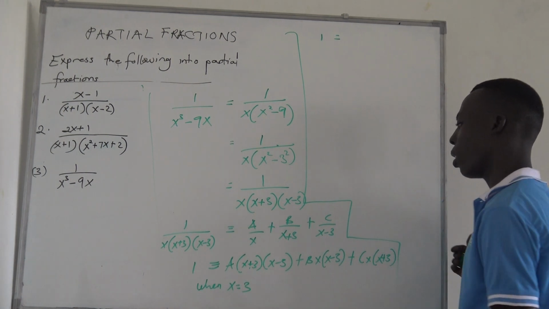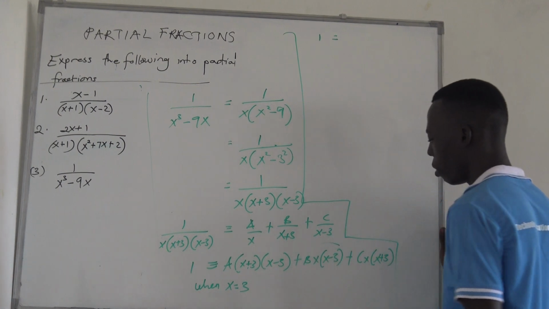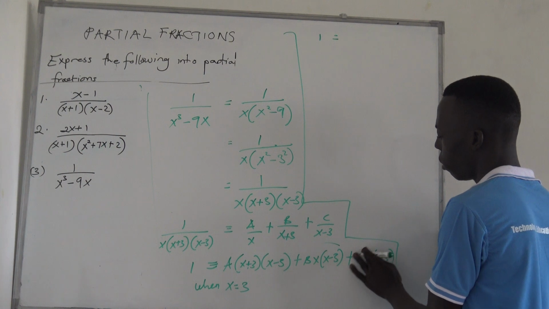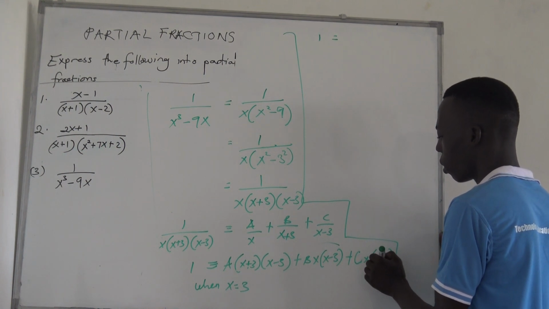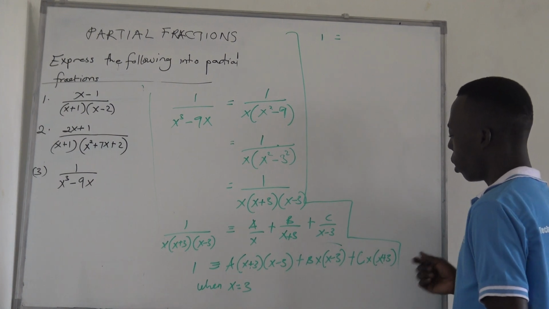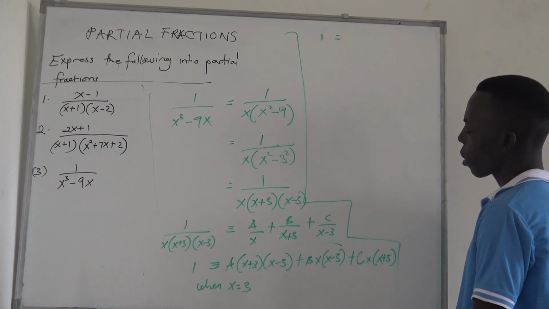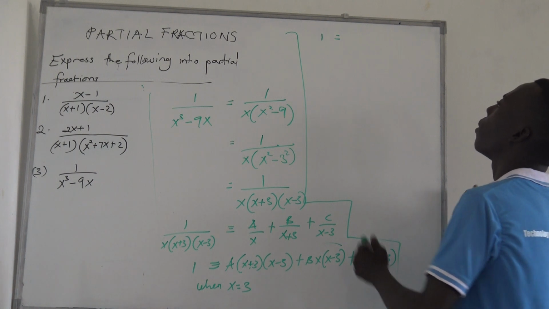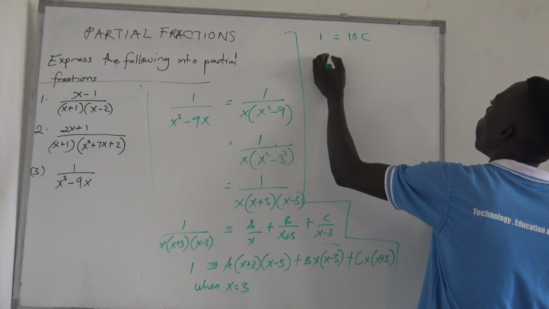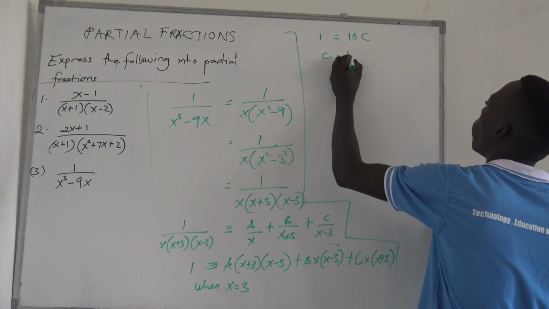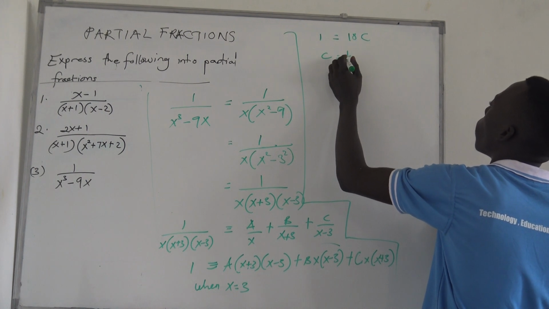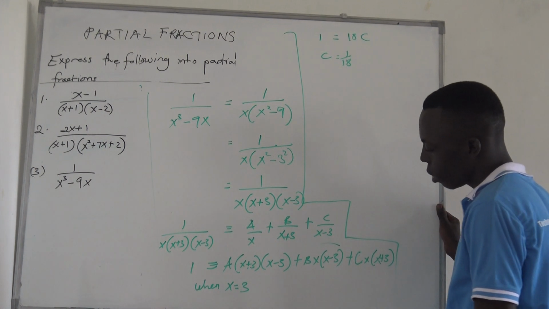Also when I put 3 here, this one is 0, and this is c times x, so when I substitute here, 3 plus 3, which is 6, then times 3 again, gives me 18c. That means the value of c is 1 over 18.